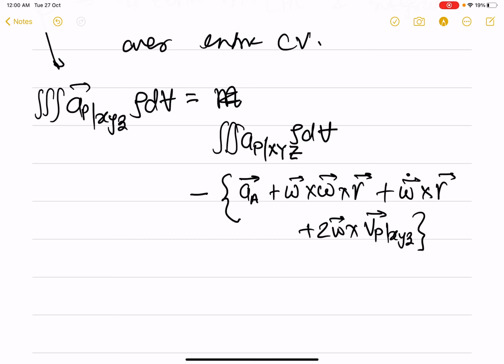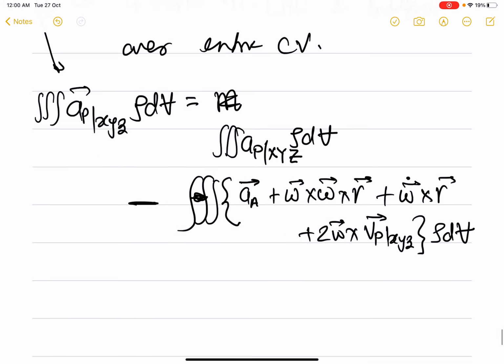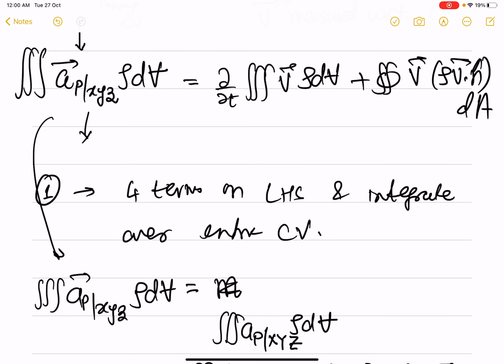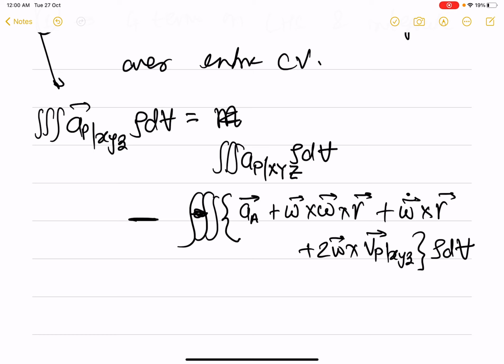All of this, and then I have rho dV, that is I integrate over the entire control volume, and this minus sign I will take here, and this becomes the total integral of AP rho dV. So that means on this left hand side I will get one term minus these 4 terms.